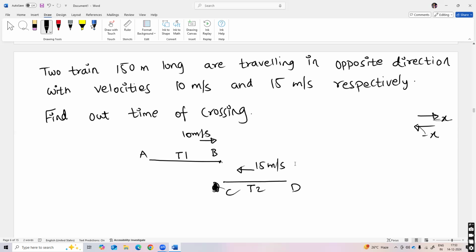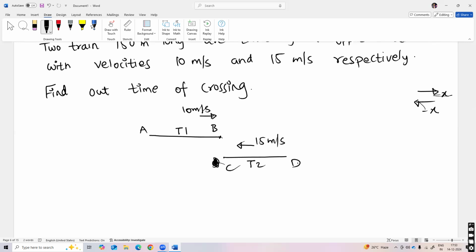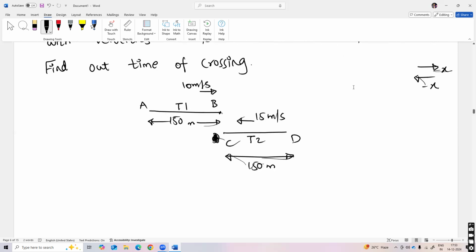Since both trains are 150 meters long, A to B is 150 meters, and similarly C to D is also 150 meters. So let's again draw vertical lines.